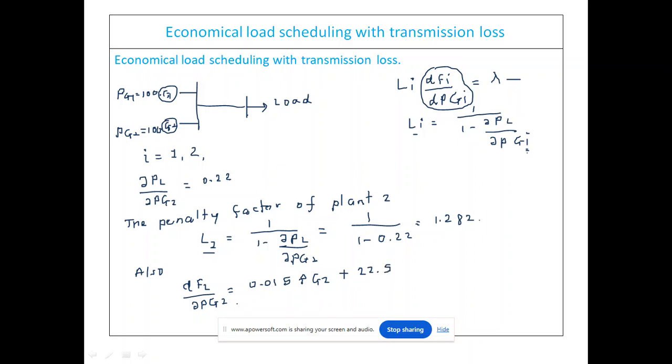PG2 is 100 megawatt, the second plant is generating 100 megawatt. So 0.015 into 100 plus 22.5.